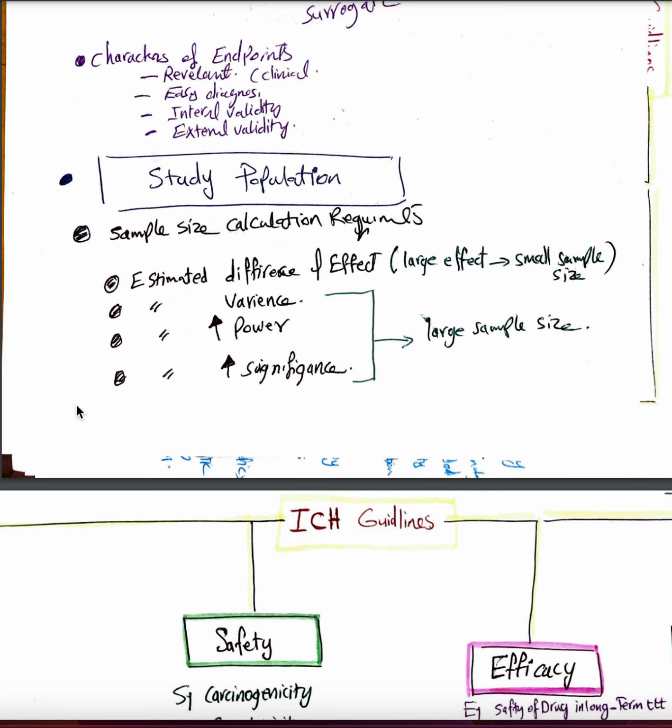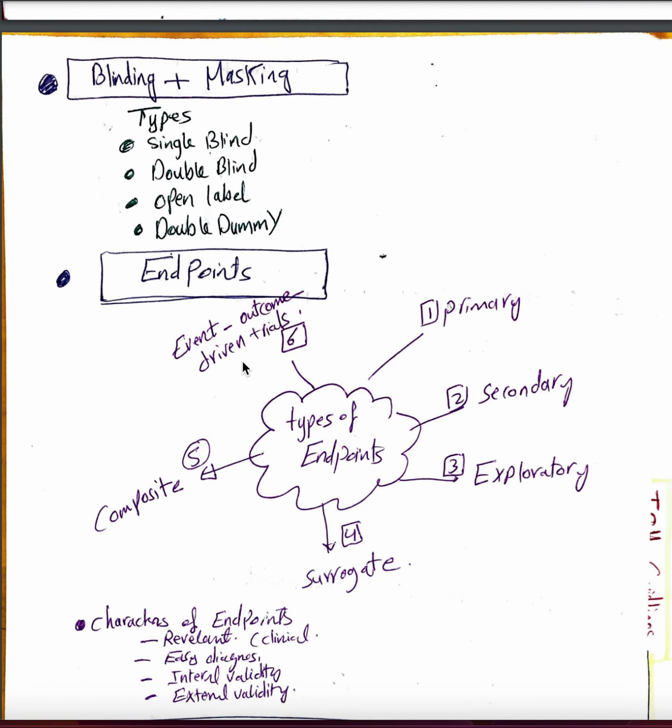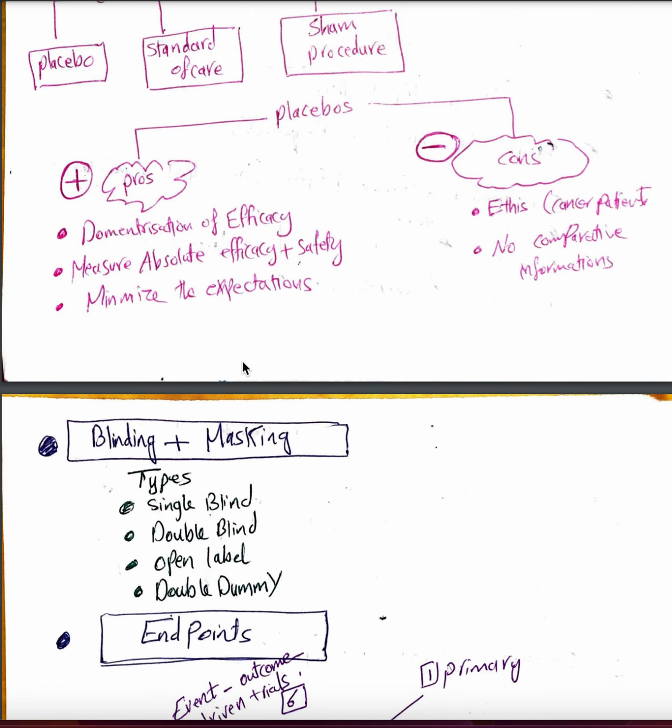That's exactly how we can calculate the number of people who should contribute to this group. So for the difference of the effect, the variance, the power, and the significance: when I expect a large effect, that means a small sample size, but when I want the variance, power, and significance, I actually need a large sample size.